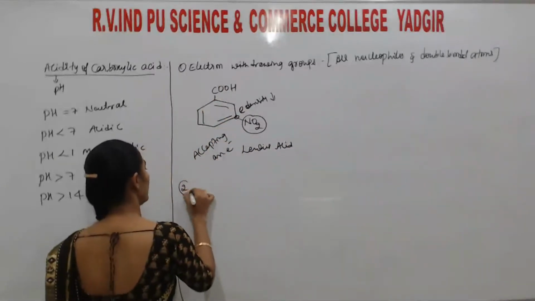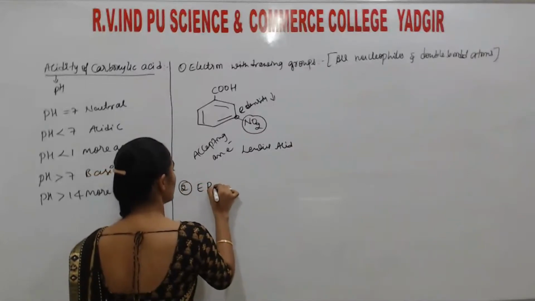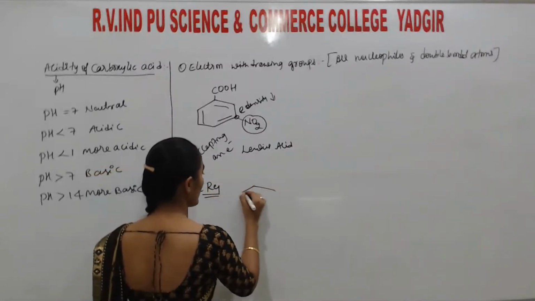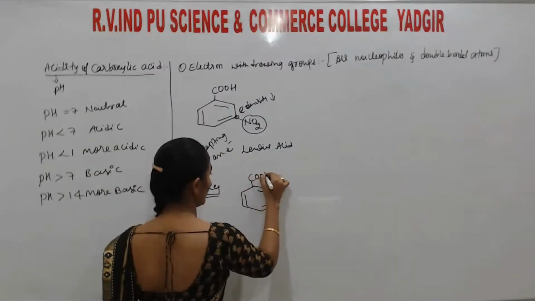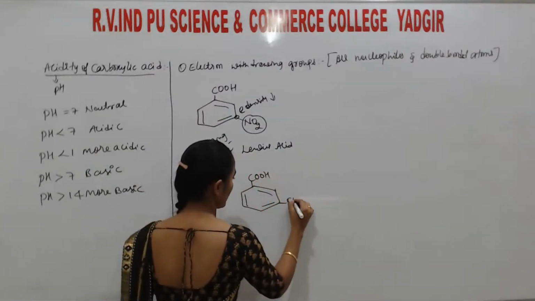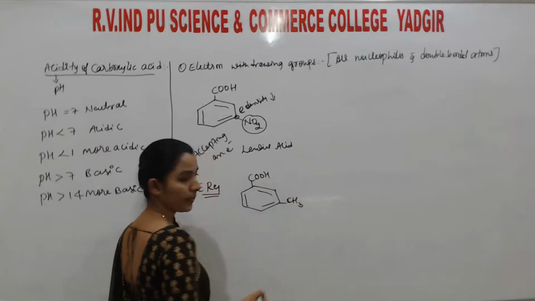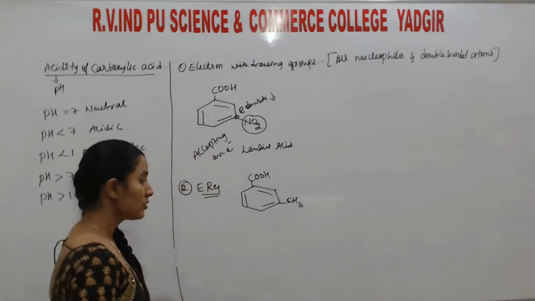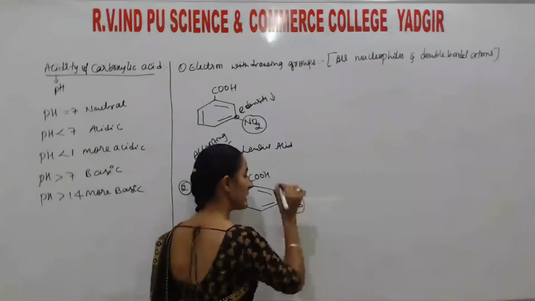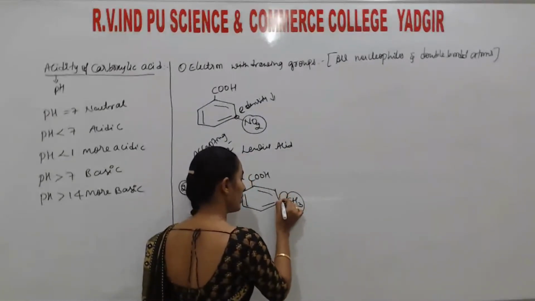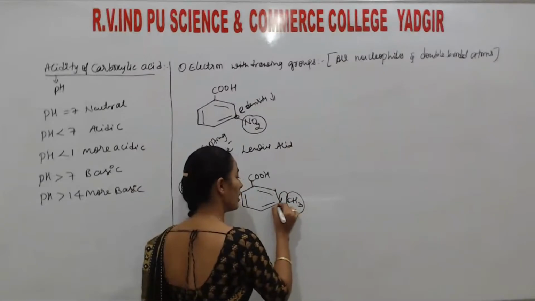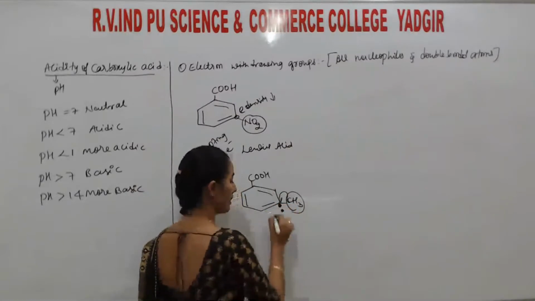Next, second one, electron releasing group. In this benzoic acid, that is COOH, here CH3 is there. CH3 is electron releasing. When it releases electrons, the electron density is more at this carbon.